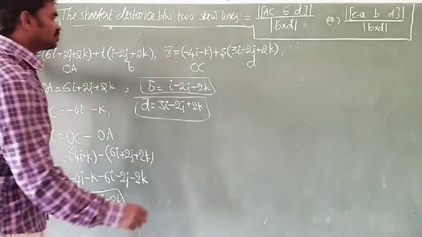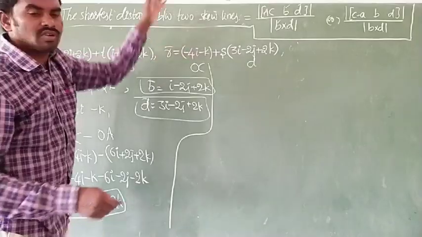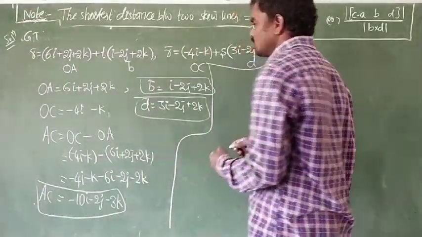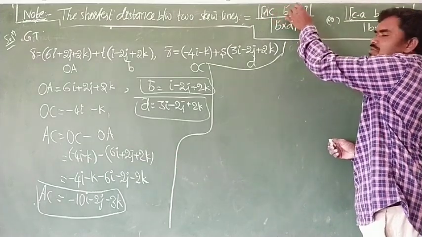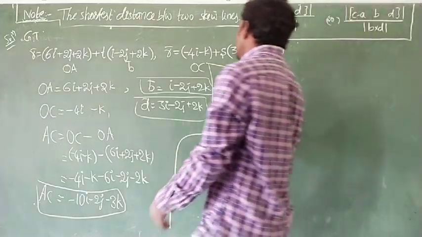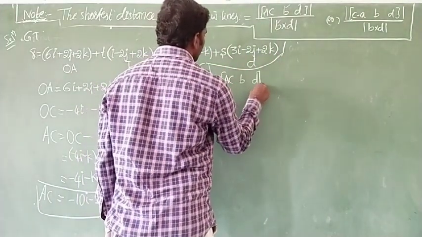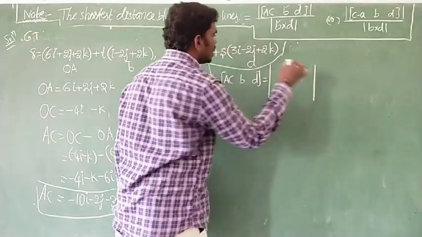Next, I am going to find one by one. First, I would like to find box [AC, b, d], and how can we find it. Box AC, b, d is very simple: it is a determinant.